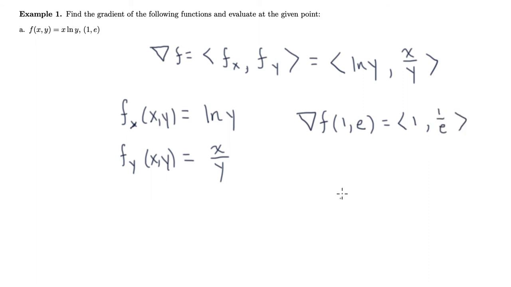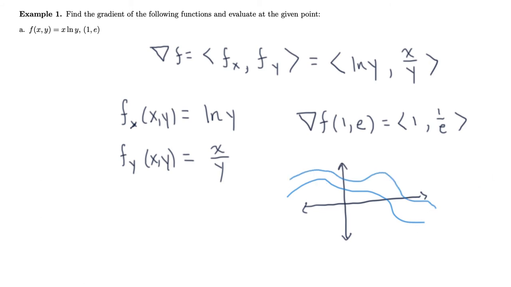And so recall, just to reiterate, that I don't really know what this function looks like, but maybe here's some of these level surfaces, whatever. And so wherever 1 over e is, let's say it's right here, or sorry, 1 comma e, this is not to scale, but I'm just showing you that this gradient vector right here is pointing in the direction of greatest change.